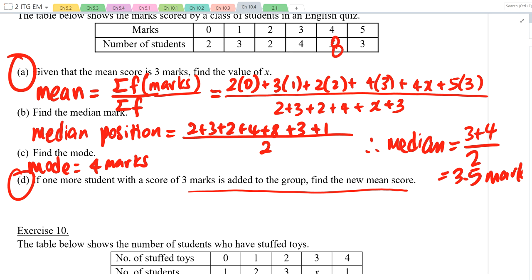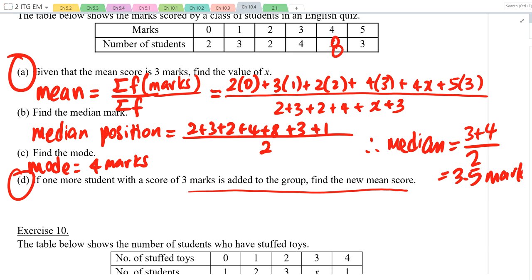So now, tell me, what was the original mean? Original mean is 3. Original average is 3. Now you put another guy who got 3. Does your average change? Make sense? One more time. The average originally is 3. Now you put in another student who got 3.